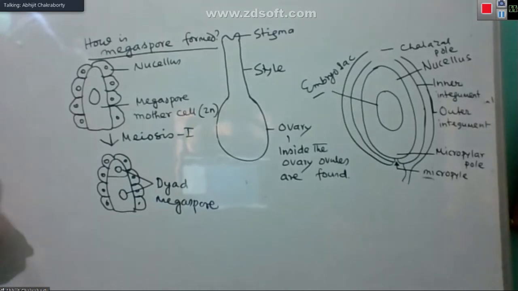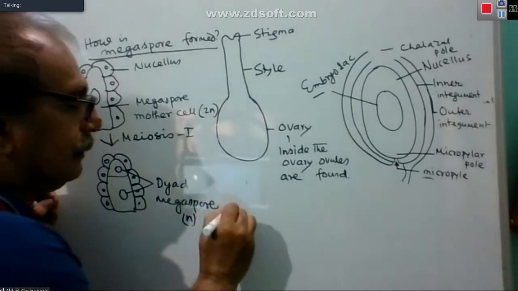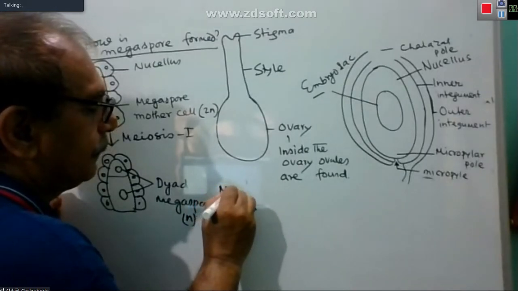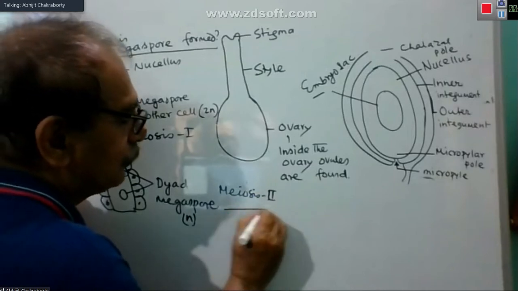Dyad megaspore. It is haploid. Then meiosis 2.